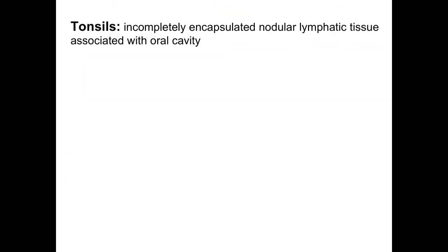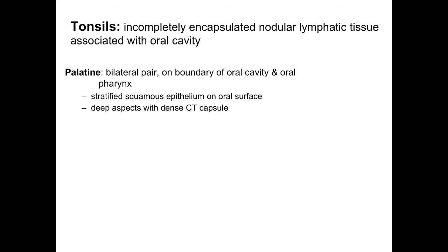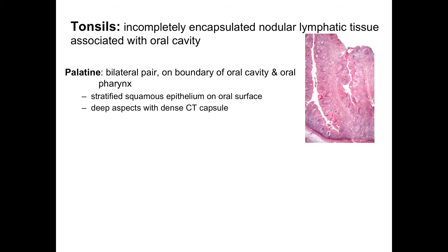Now, tonsils are incompletely encapsulated nodular lymphatic tissue that's associated with the oral cavity. So we can talk about the palatine tonsil. That's a bilateral pair of structures on the boundary of the oral cavity and the oral pharynx, and they have a stratified squamous epithelium on one surface, on the oral surface.